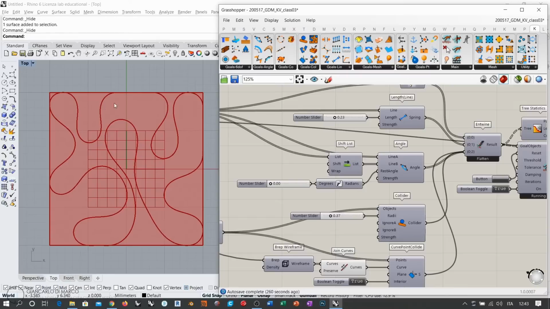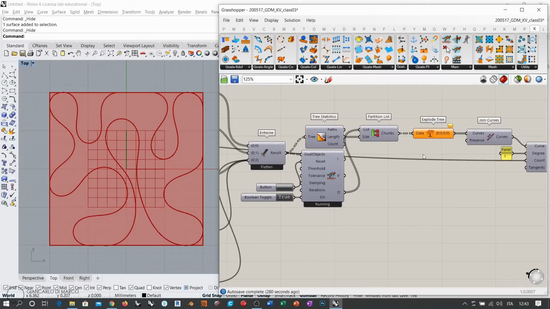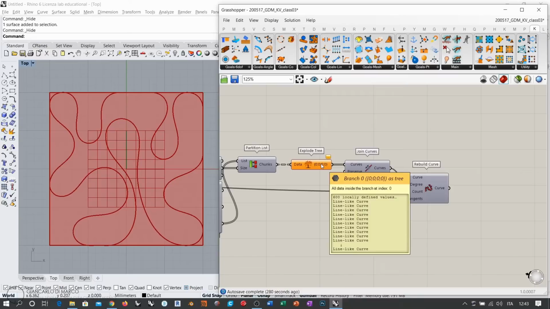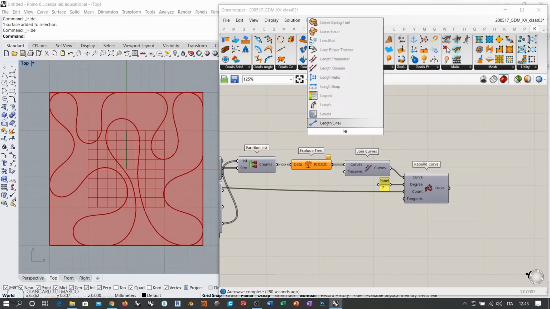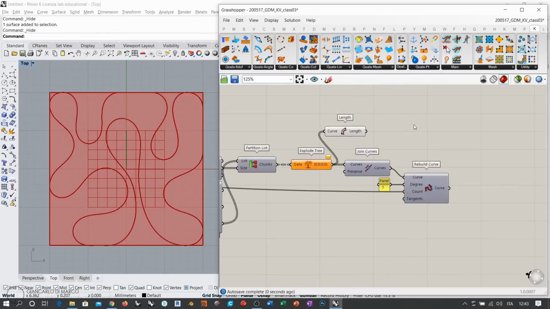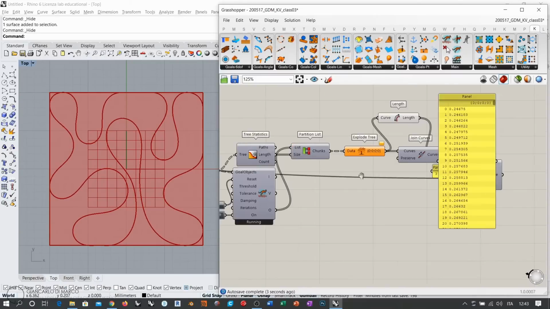So inside the surface, this line can deform as it wants. So these lines, these springs can actually reach this kind of length. And if we take a look at the result here, these are the lines. We can easily calculate the length and take a look at these values here. And you will see that they are more or less around that value.